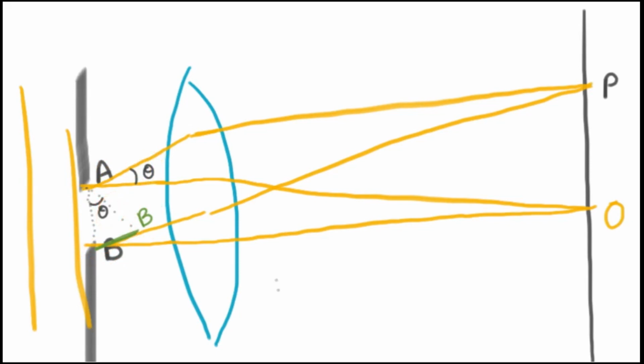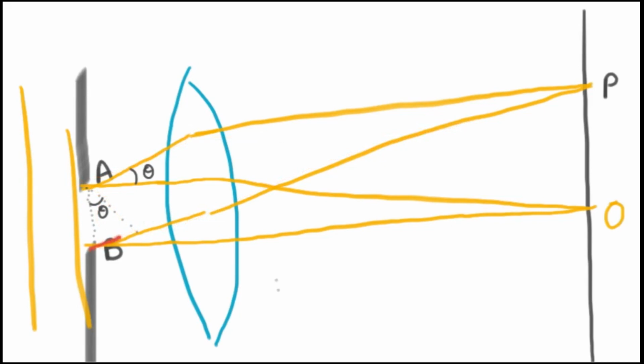Fine. So consider this case. In this case, the light which travels from point A and the light which travels from point B travel the same path. But is it the actual case? No. In actual, the light has to travel this extra path.